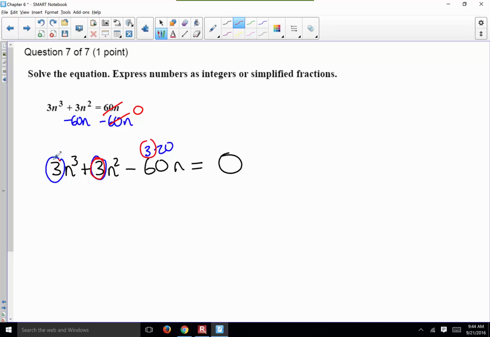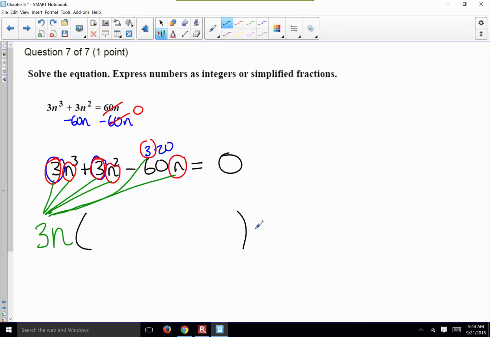Is that the only thing common? And 1 n from each can be factored. 1 n, 1 3, moving out. Right here, 3n has been recruited from everybody.